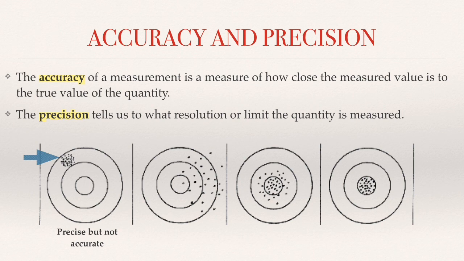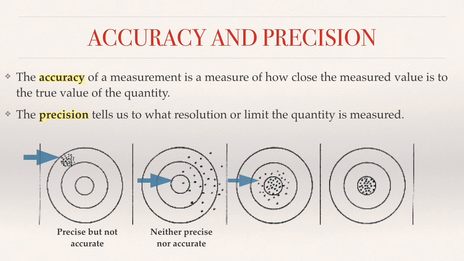So in that region, it is said that it is precise, but we are not accurately hitting the target. But meanwhile, if some new learner comes and hits the target, then definitely the hits will be scattered. So this scattered result gives a reading that is neither precise nor accurate, as shown in the figure.